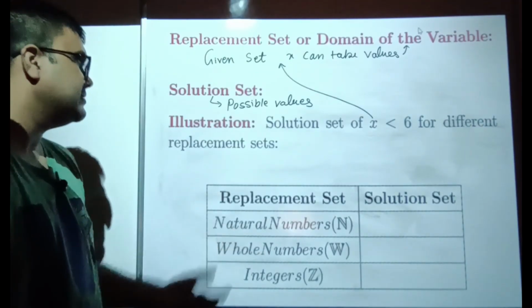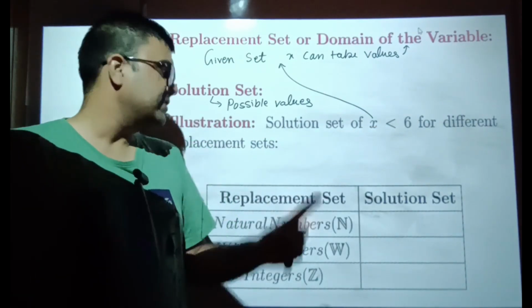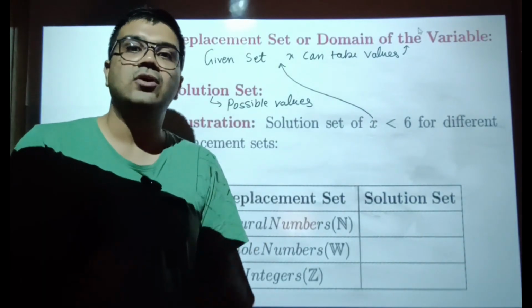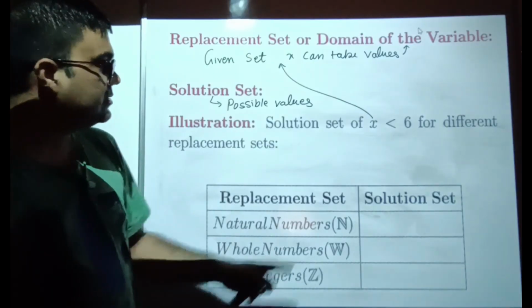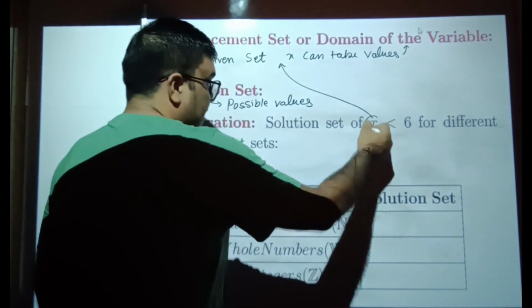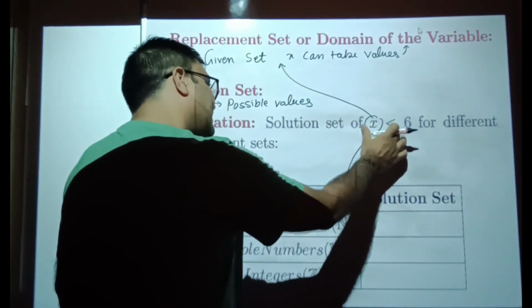So let us consider the example over here. We are talking about x < 6. In the first case, if the replacement set is the set of natural numbers, we want x to be a natural number satisfying x < 6.